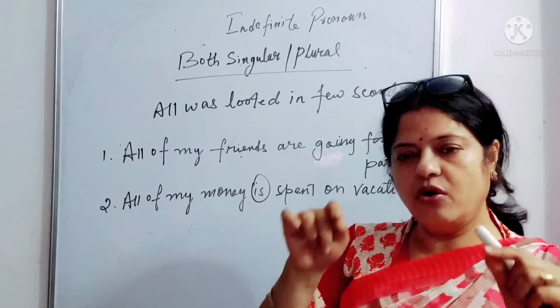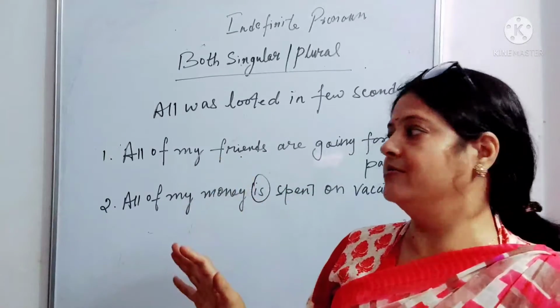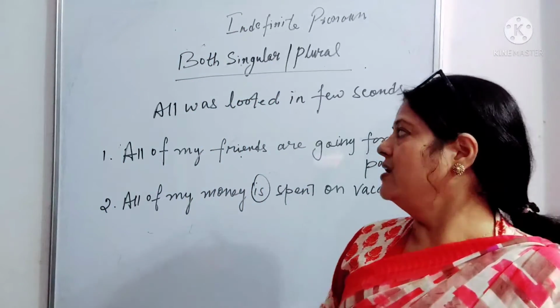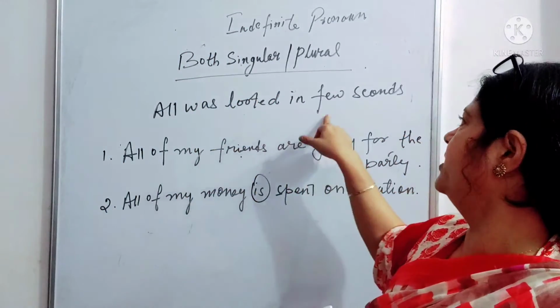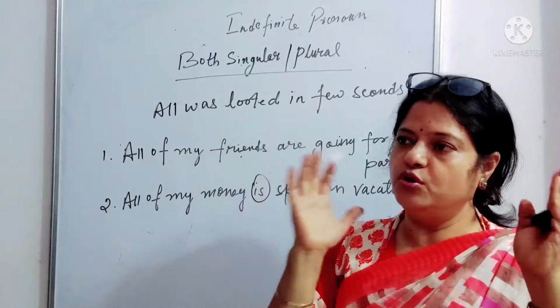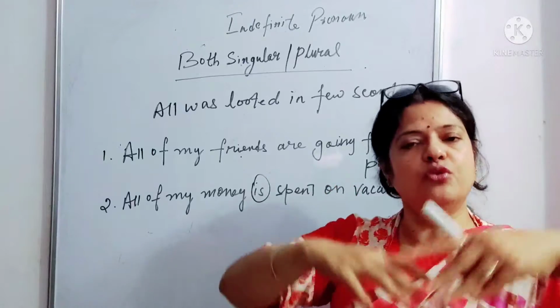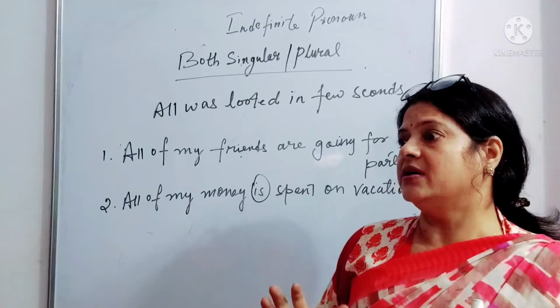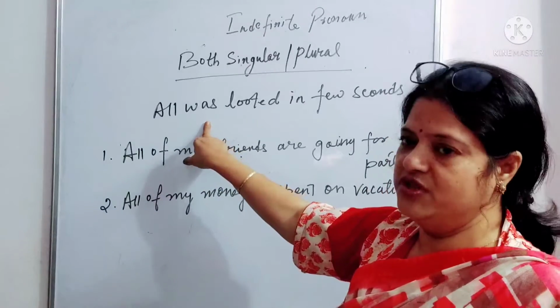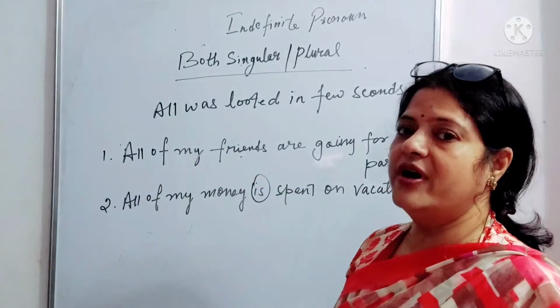So we are not talking about each and every item. So that is why we have taken it as a whole, and we are saying all was looted in few seconds. Though all refers to lots of things, we have taken it as one. So that is why we have used the singular verb was here.